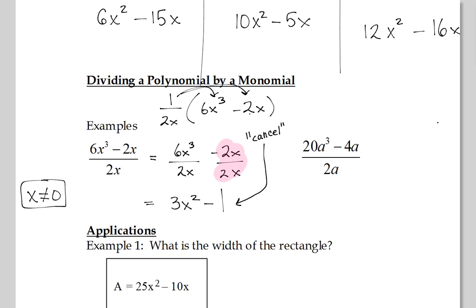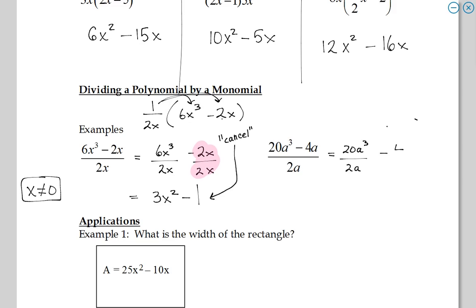So for the next one, you think I got to take that numerator and divide each of those terms by the denominator. So I got a 10a squared take away 2.